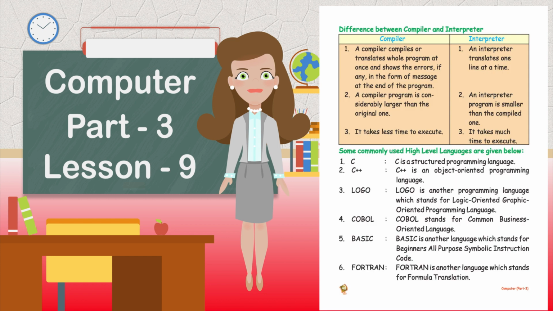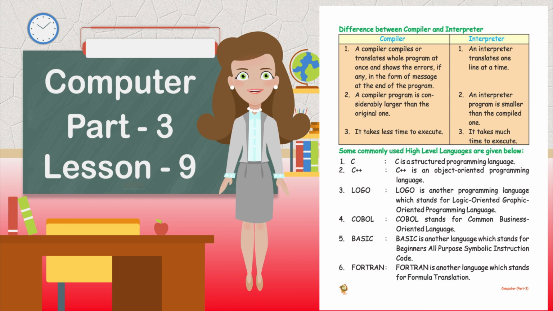Difference between compiler and interpreter. Compiler. First, a compiler compiles or translates the whole program at once and shows the errors, if any, in the form of messages. Interpreter. First, an interpreter translates one line at a time. Compiler.